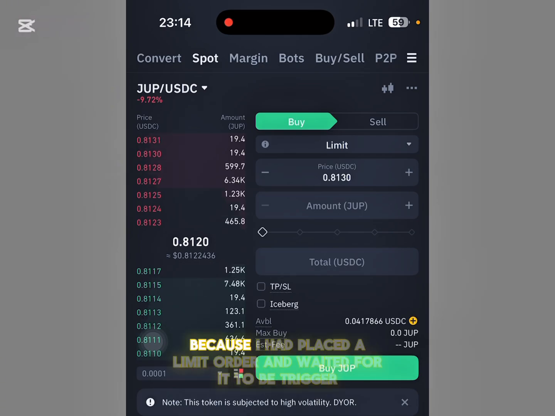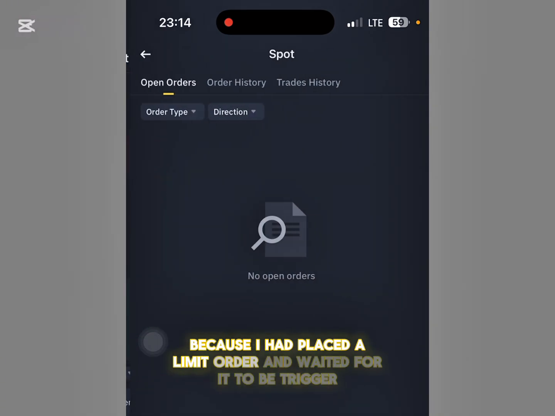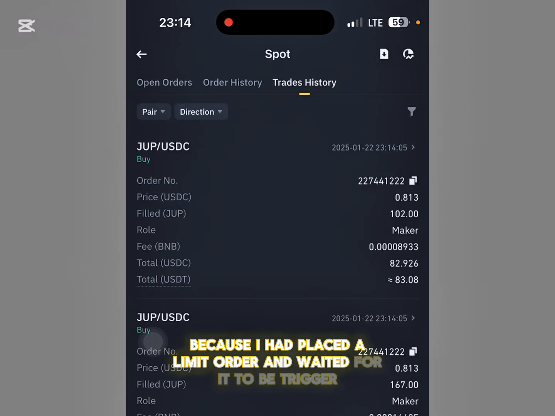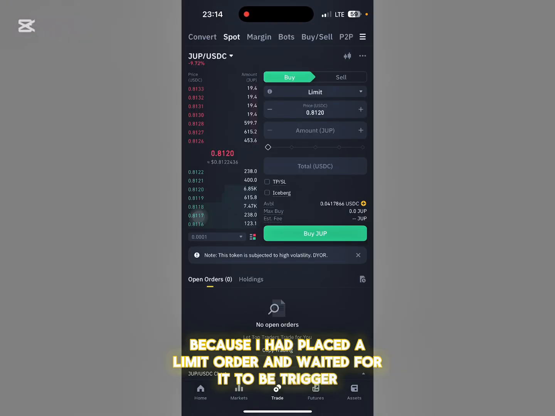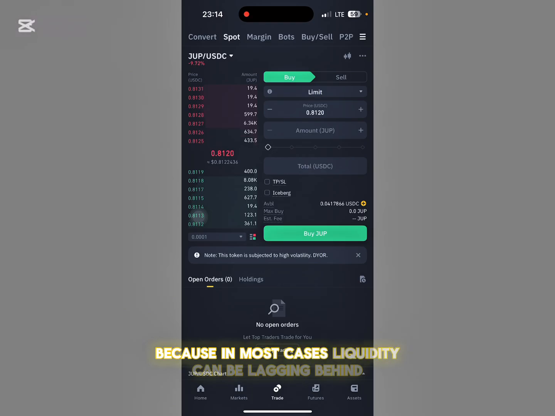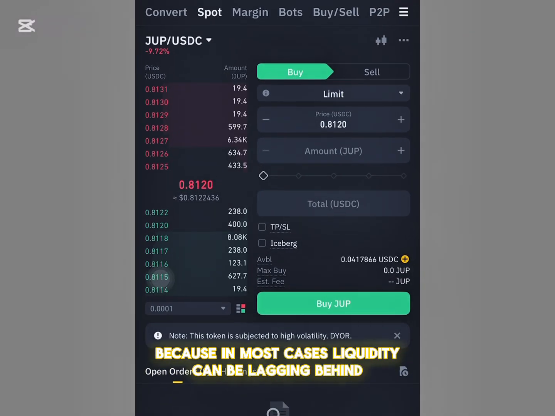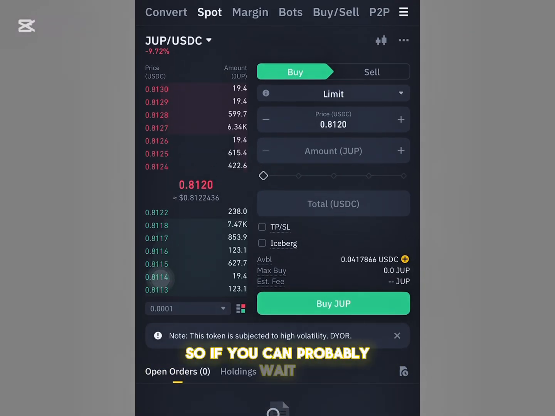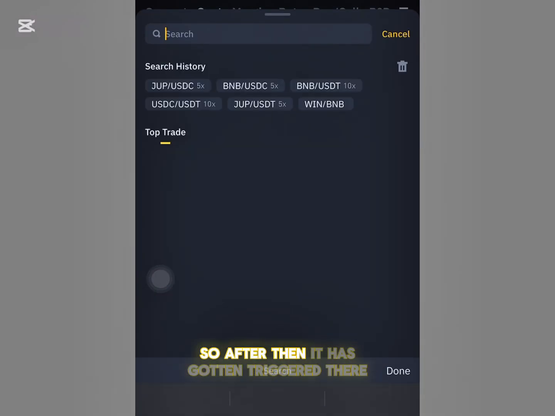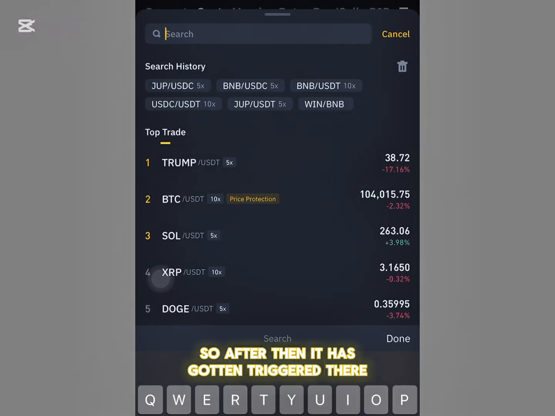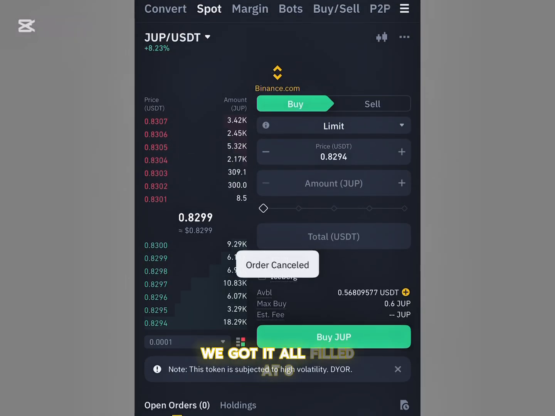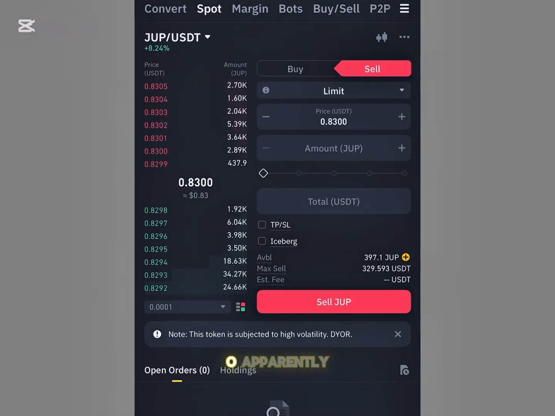Okay, because I had placed the limit order and waited for it to be triggered, because in most cases liquidity can be lagging behind. So if you can probably wait, okay, it will get triggered within a few minutes. So after then it has gotten triggered there. We got it all filled at 8130 apparently.